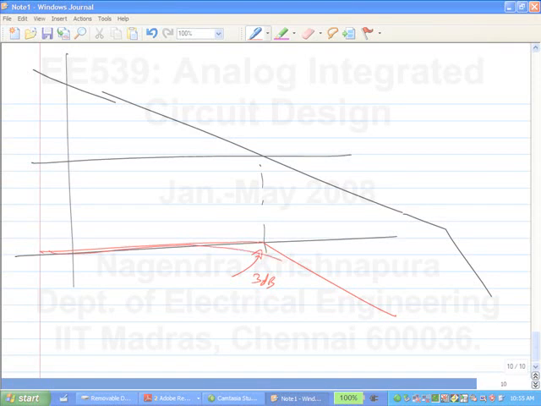Okay. Now, as this point moves closer in, what happens? The circuit moves towards instability, right? So that means that the circuit has a tendency to ring at a particular frequency. What you are doing is you are just balancing that. Here it is drooping off. Okay. For a sinusoidal input, the amplitude is dropping off.